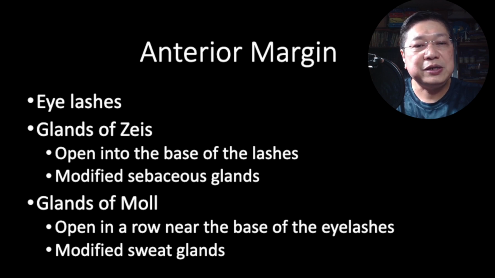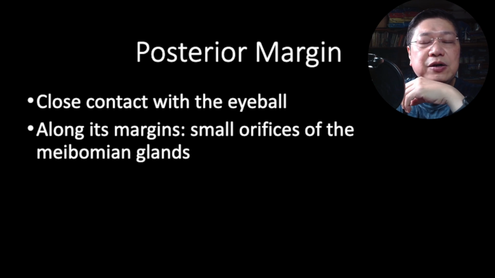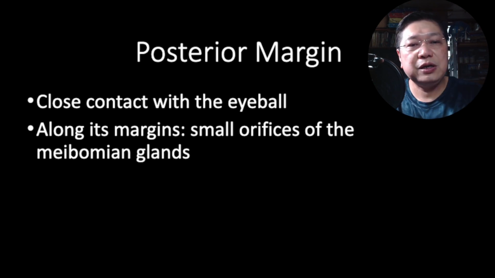The glands of Moll are in a row at the base of the eyelashes, and those are modified sweat glands. Again, glands of Moll and glands of Zeiss. Glands of Zeiss are nearer to the tip, and the glands of Moll are at the base of the eyelashes themselves. The posterior margin of the eyelids is the one in close contact with the eyeball.